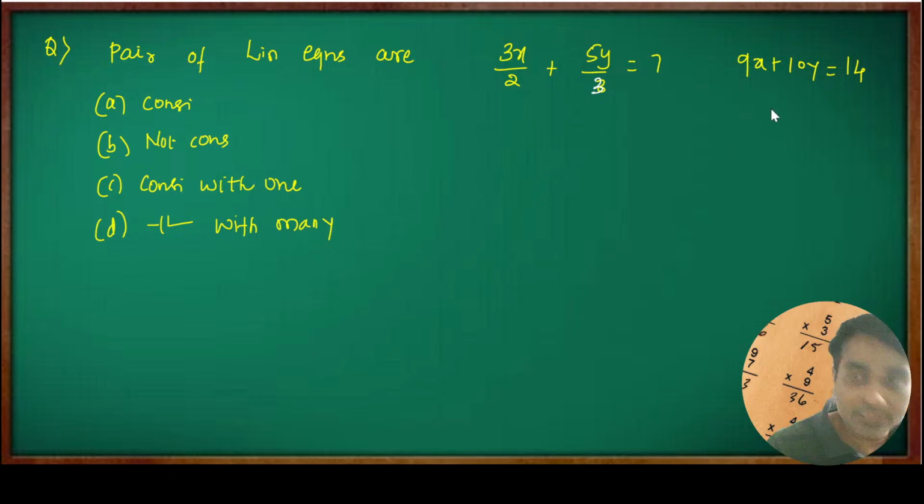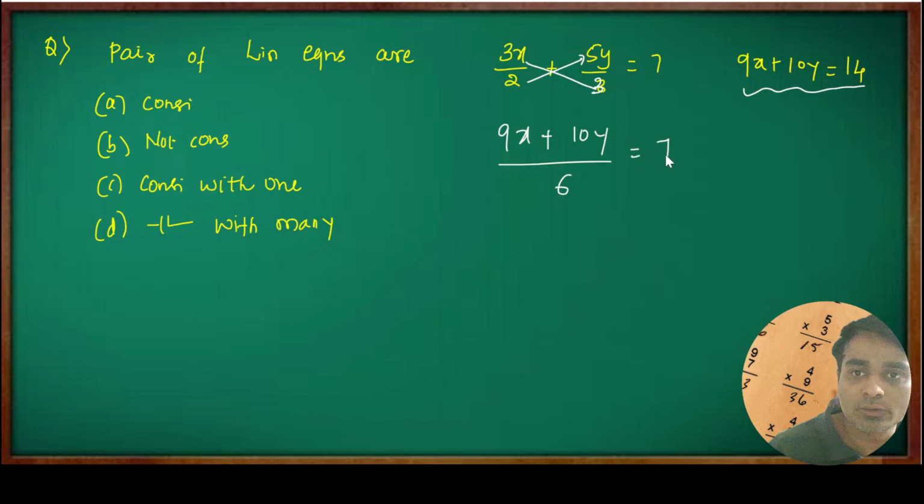Then the second equation also, we can write it like, let's write this properly. So cross multiply here, 3 3s are 9x and this will become 10y, divided by 6 equal to 7. Cross multiplication I did.